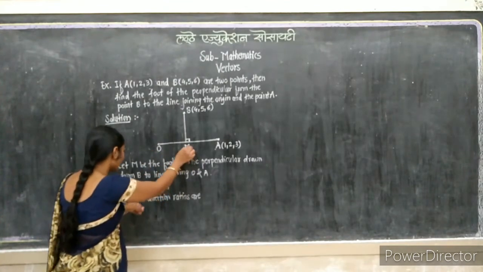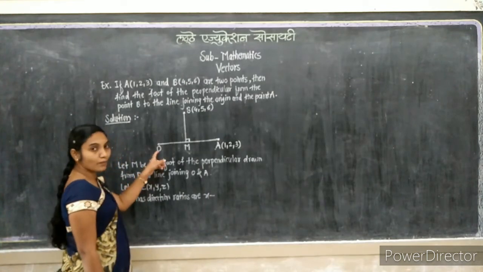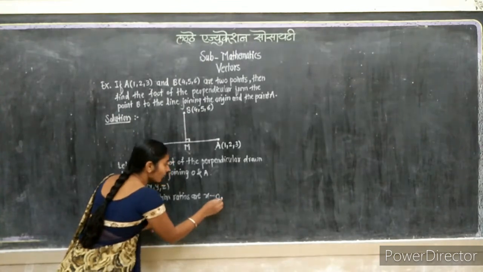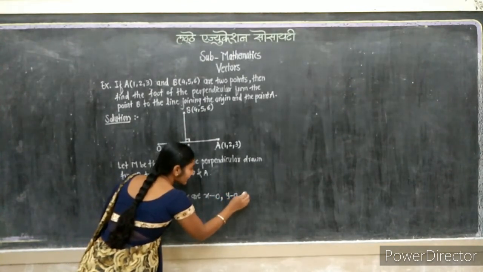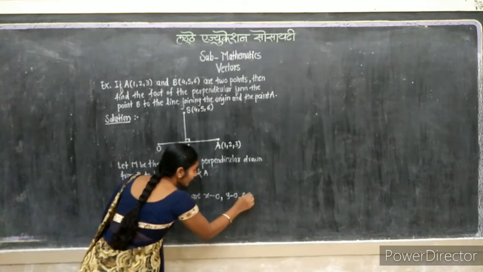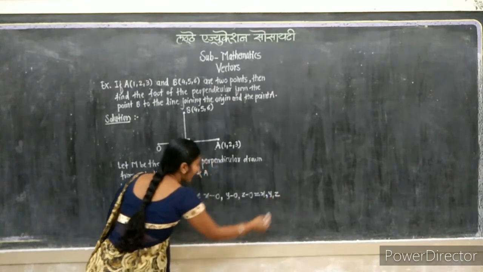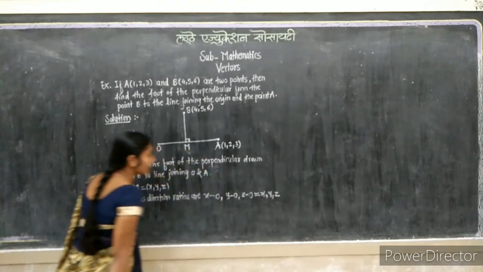Here the coordinates of O are the origin, 0, 0, 0. So x minus 0, y minus 0, z minus 0, which is equal to x, y, z. Direction ratios of OM are x, y, z.